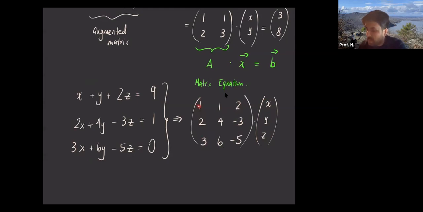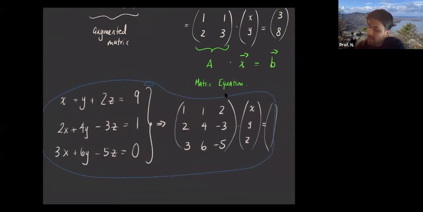I get 1 times X plus 1 times Y plus 2 times Z. And then I get 2 times X plus 4 times Y minus 3 times Z. And then 3 times X plus 6 times Y minus 5 times Z. Do you see that pairing? And then this has to equal the vector. I should move this a little bit so I don't have to scrunch this up.